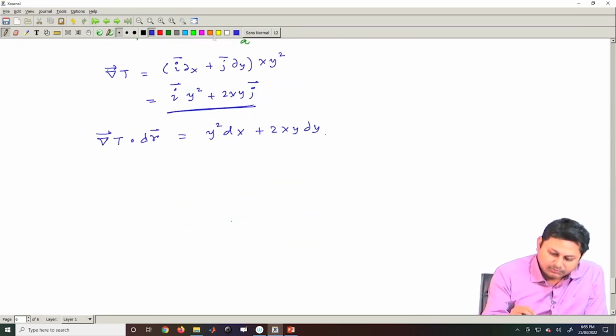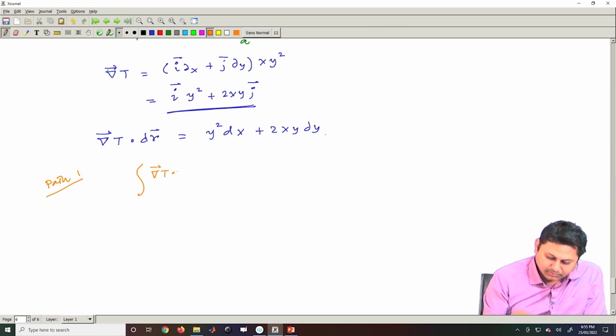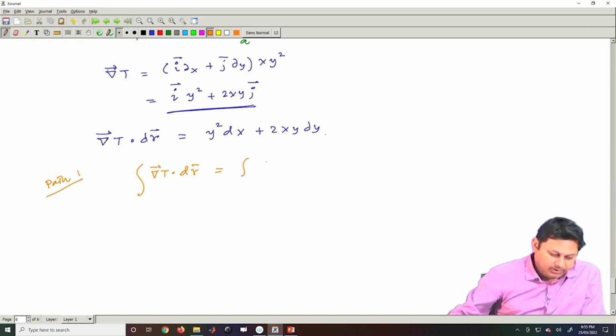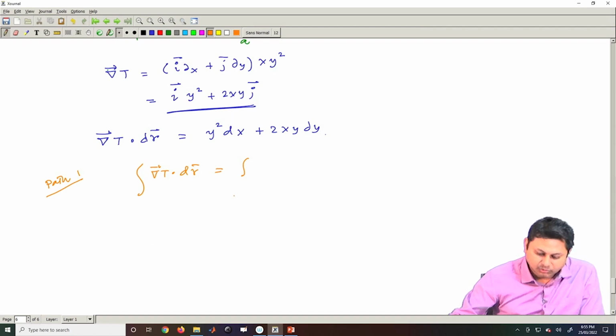So, for path 1, I need to calculate this integration.